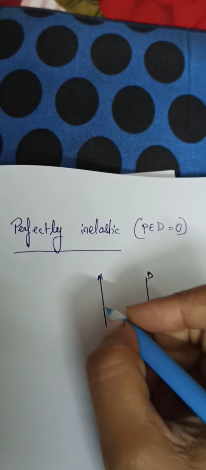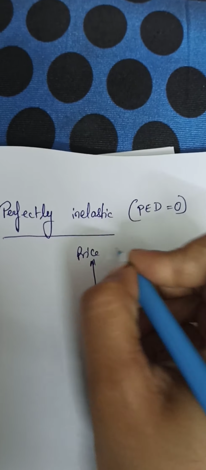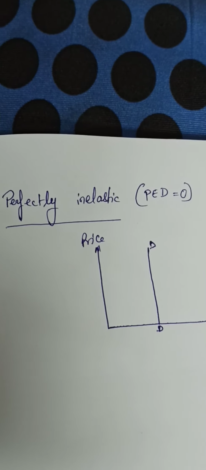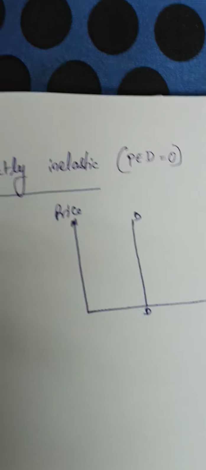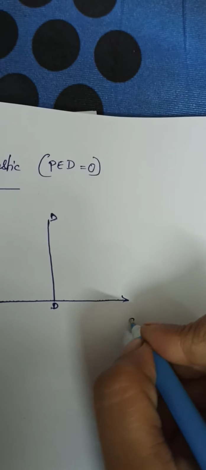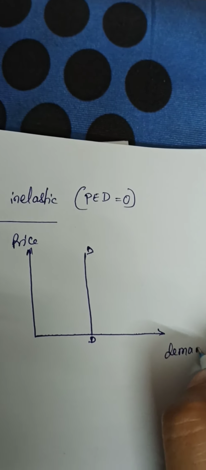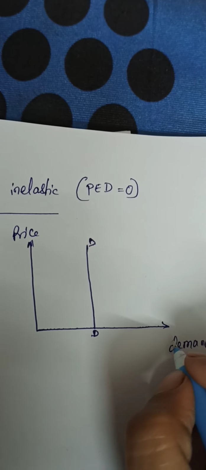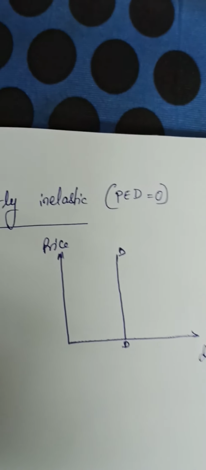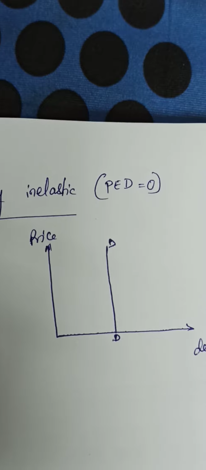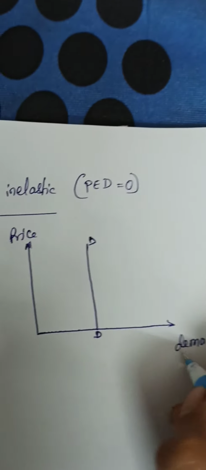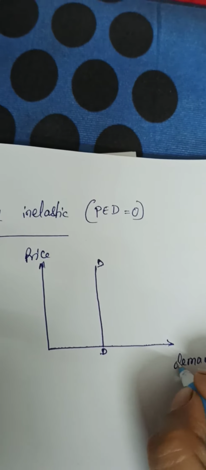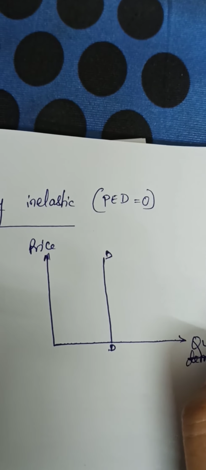This is the price, and this one is the quantity, and DD is the demand.